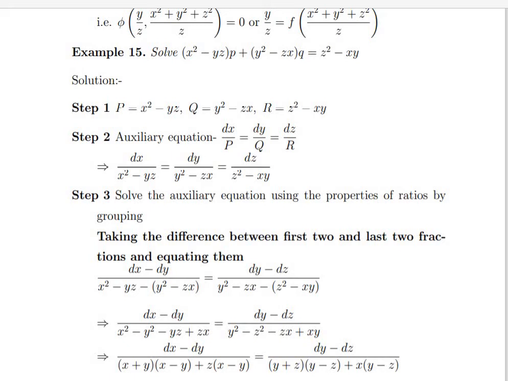On simplifying, we open the brackets, and after factorizing we get dx minus dy by x plus y into x minus y plus z into x minus y, equal to dy minus dz by y plus z into y minus z plus x into y minus z.